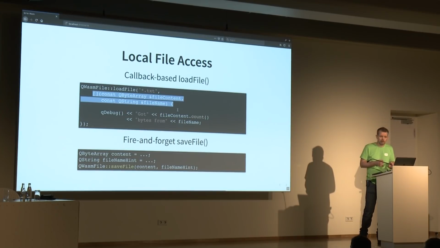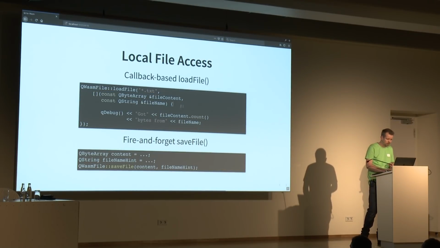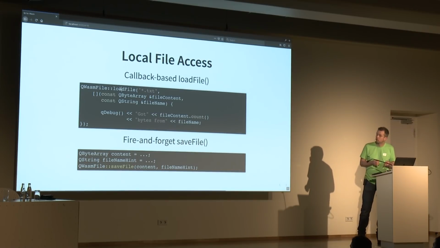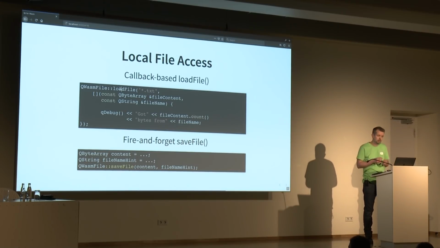You don't get to open the file yourself, you're just provided the file content that the user has selected. So what this function will do is ask the browser to show a file dialog where the user will select the file they want to open.